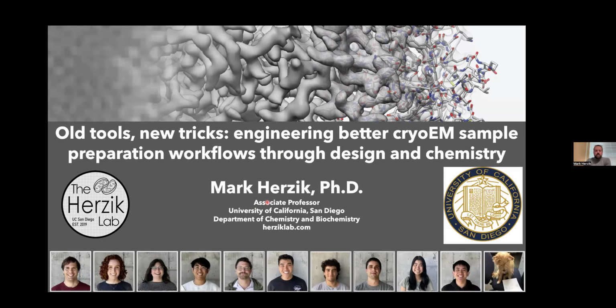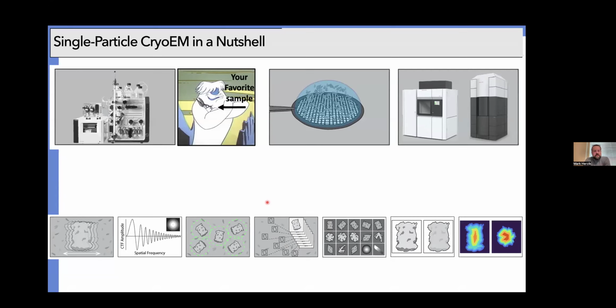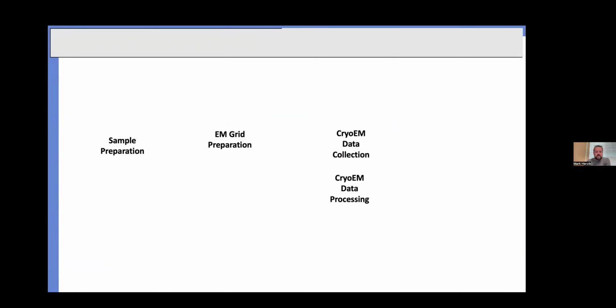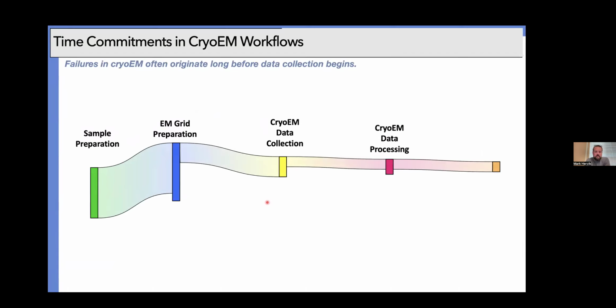Okay, so what I'm going to do real quick is talk about where my lab is focusing a lot of efforts right now. I think everyone, for the most part, is familiar with the basic cryo-EM workflow, especially for single particle, where we go from sample prep to grid prep, data collection, and then data processing. One of the things that I have found most interesting is that over my tenure in the field, the basic breakdown of how much time we spend has been inverted.